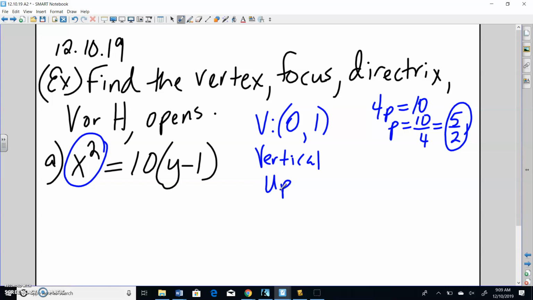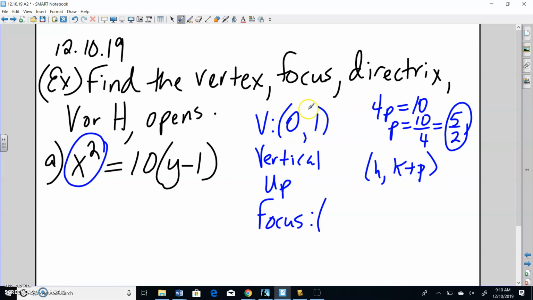So now we need to figure the focus. And the focus in our notes for vertical, the focus is H, comma, K plus P. Is that correct? Am I using the right one? Okay. So focus is a point. So H is the X coordinate of our vertex, correct?